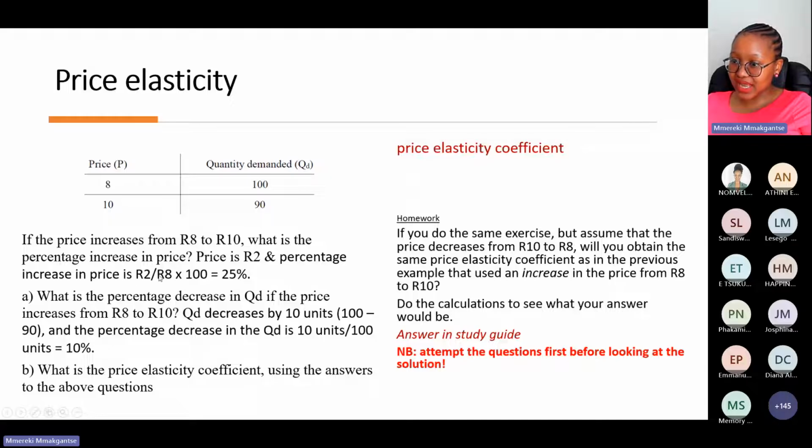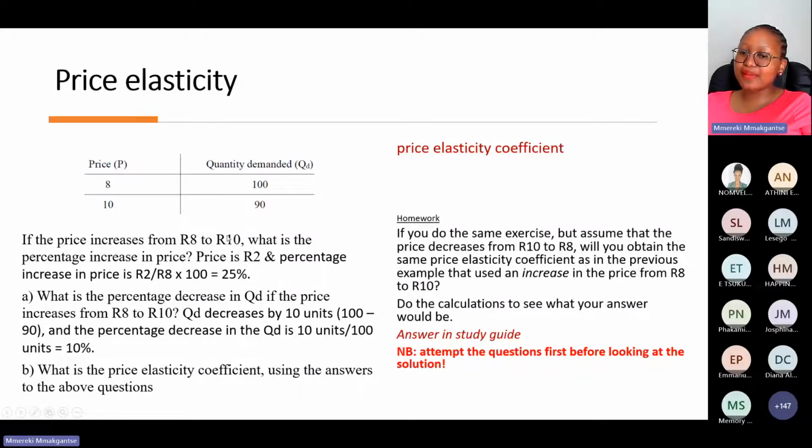This 2 rand, they got it by saying 10 rand minus 8 rand, and then over the 8 rand. So it is over the initial price.